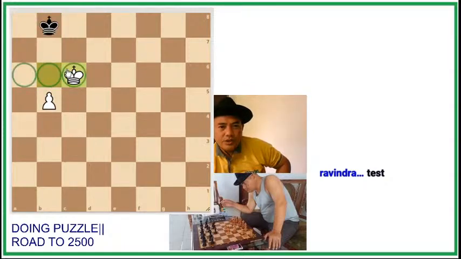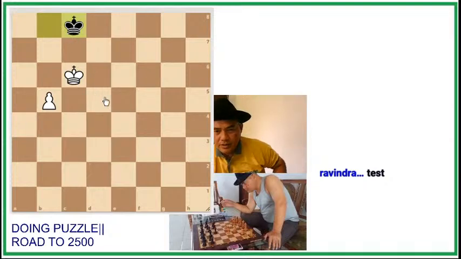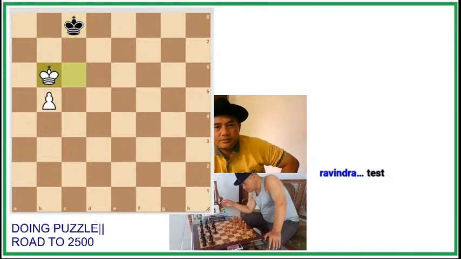Even if black goes here and if white goes to c6, then the king does the opposition on c8, then it's also a win for white.